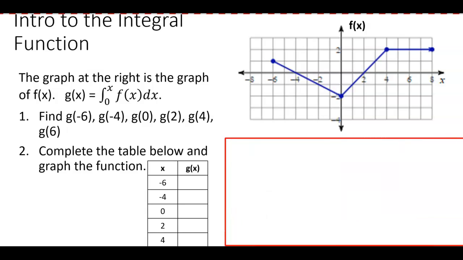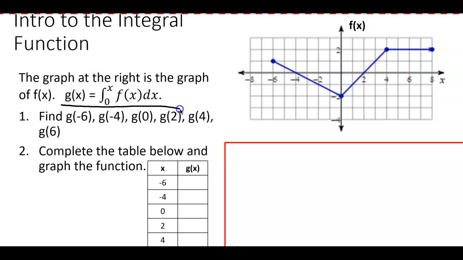Okay, so first of all, here's my integral function right here, and I want to find what is g of negative 6. So the first thing I'm going to do is plug in negative 6 here and here. Okay? These x's, I wish I hadn't used x's now in retrospect.